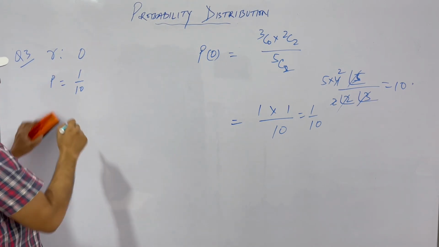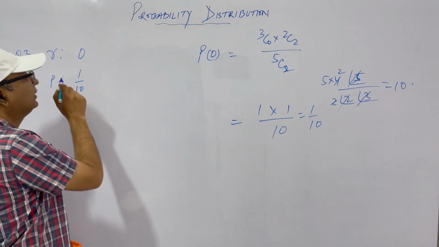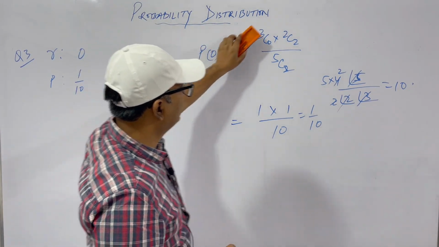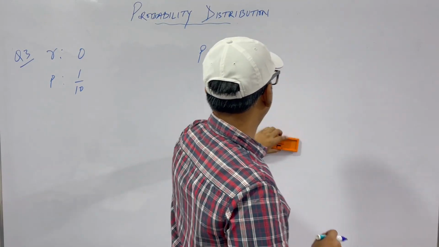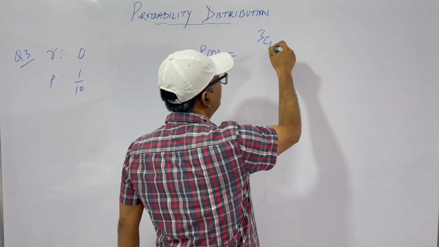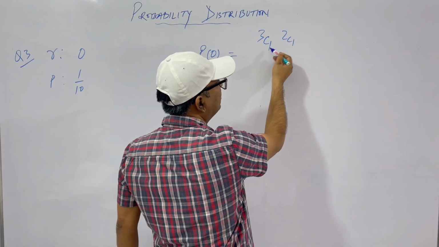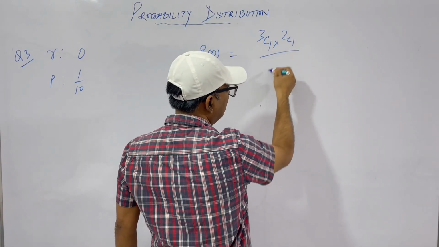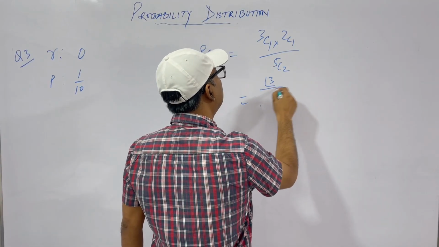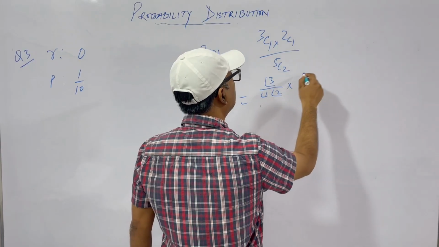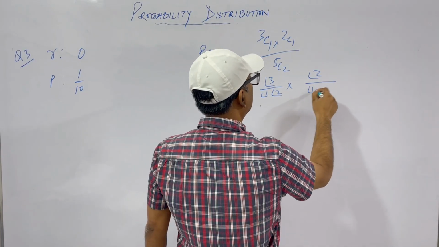I am creating the distribution table. Now, the probability of one red ball will be 3C1 and 2C1, because one red ball and one white ball, by the same 5C2. 3C1 is 3 factorial over 1 factorial 2 factorial, times 2C1, which is 2 factorial over 1 factorial 1 factorial.